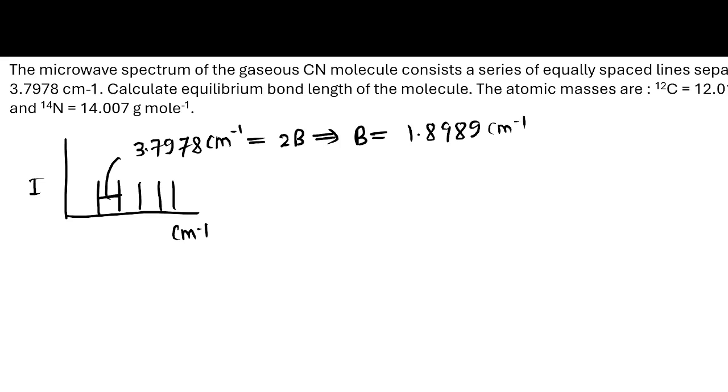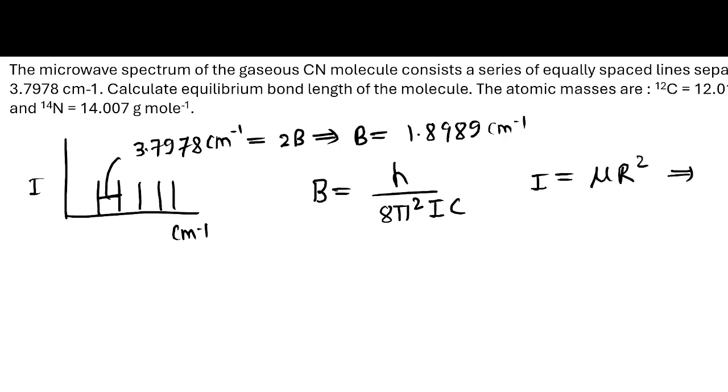Now how can we calculate bond length? First we have to find the relation. We know that this B is nothing but h over 8 pi square I c, and this I is mu R square, correct?